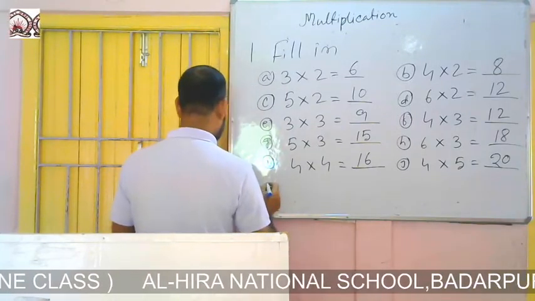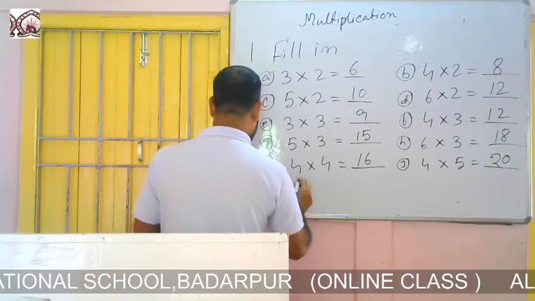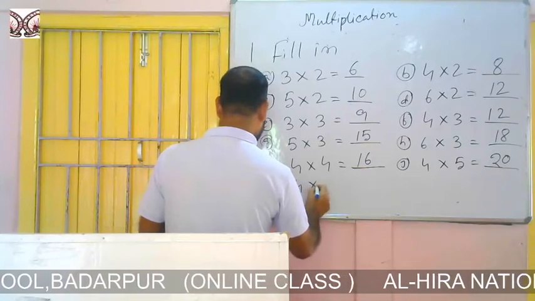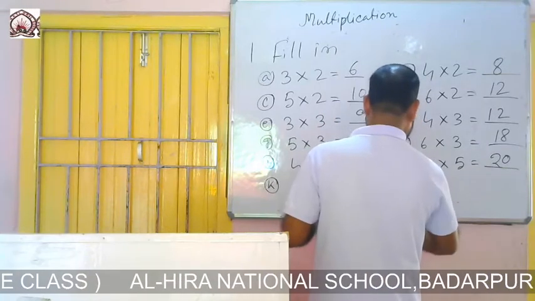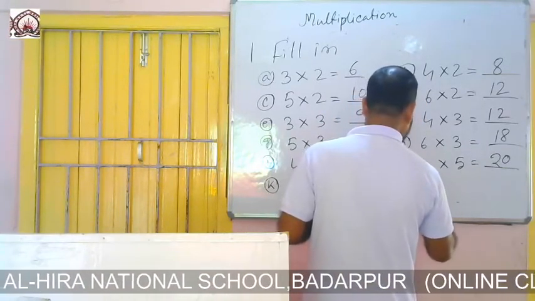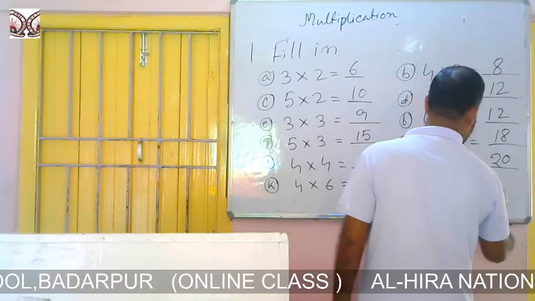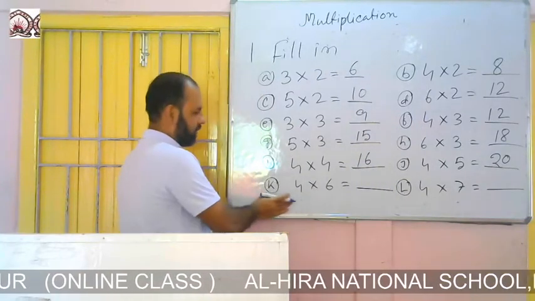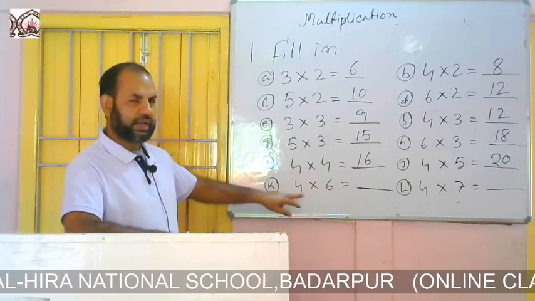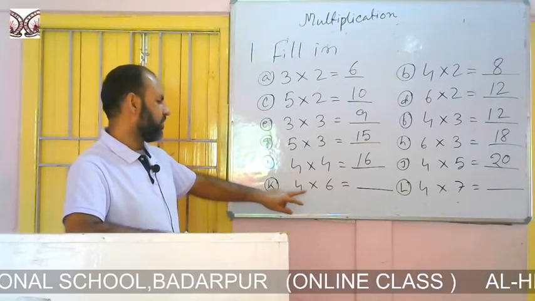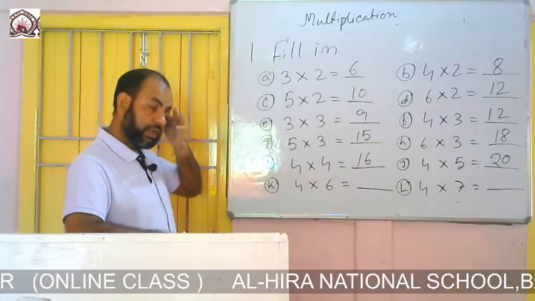Next, K, 4 into 6. Then L, 4 into 7. So here we count table number 4, 6 times. 4 1s are 4, 4 2s are 8, 4 3s are 12, 4 4s are 16, 4 5s are 20, 4 6s are 24.